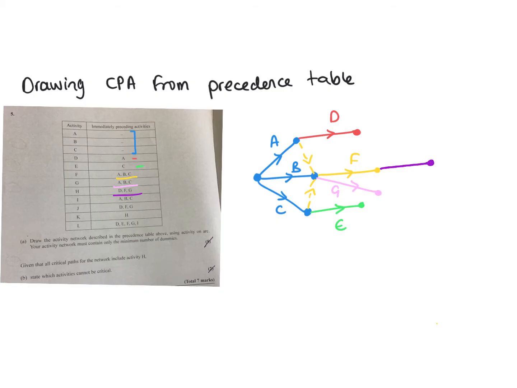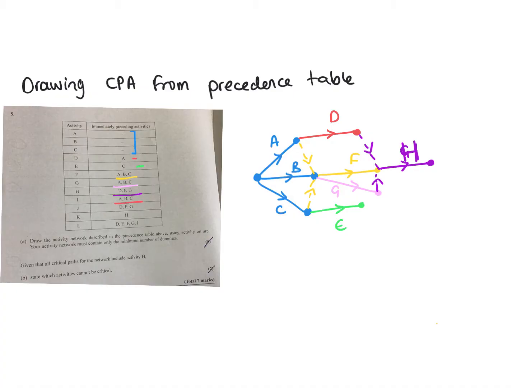Put it in the middle. Okay, this is G. So that means there needs to be a dummy from D, because it's coming out, and there needs to be, sorry guys, that's H, isn't it? And there needs to be a dummy from G. Yeah? Perfect.